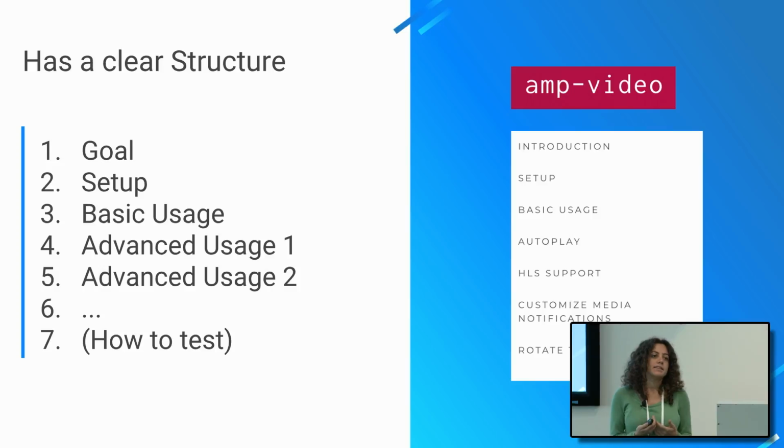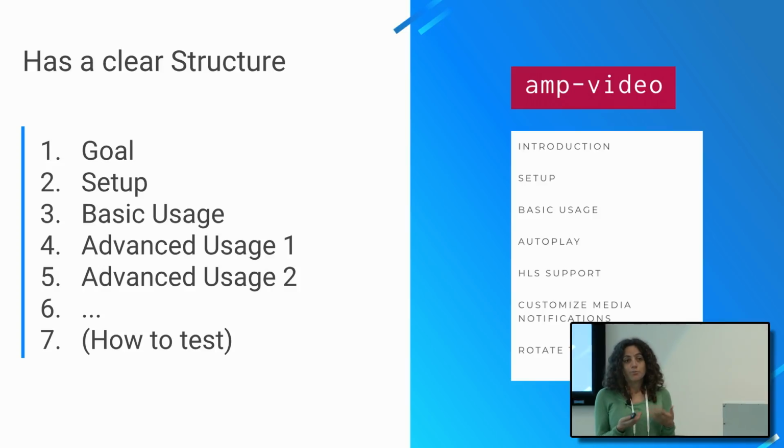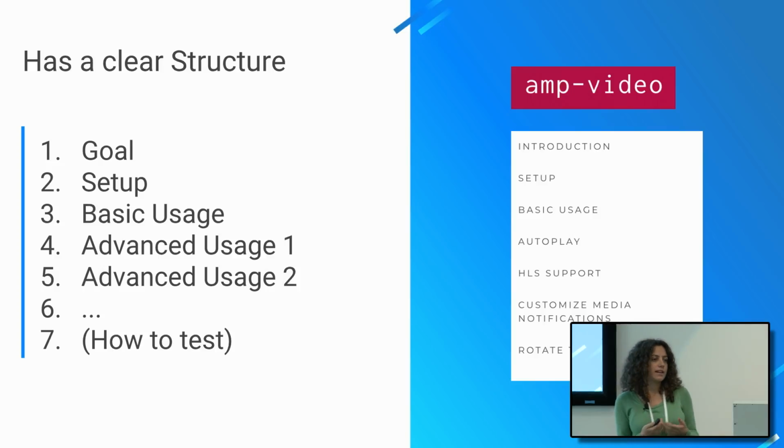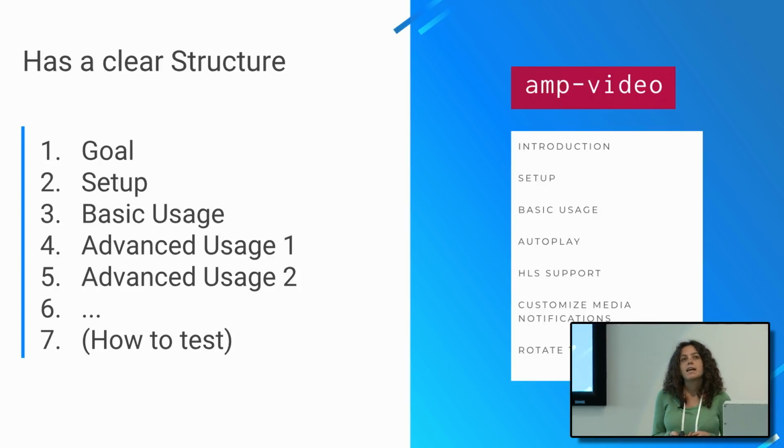And then each component has a lot of potential, so you can go through a set of advanced usages, for example, showing the different attributes for the component. And then if it's not straightforward to do that, you can add instructions on how to test this sample.